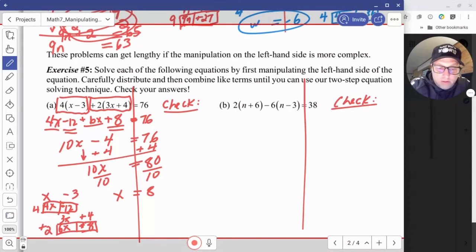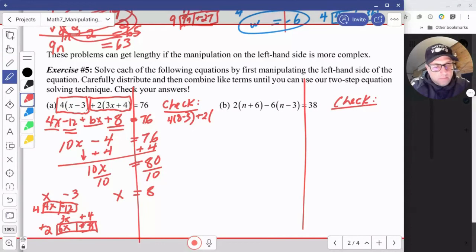So here we go. We think x equals 8. So 4, I'm going to do my best, times x minus 3. That's going to be 4 times 8 minus 3. Now, as I plug in, I go plus 2 times 3x plus 4. Let me put a highlight on it, right there.